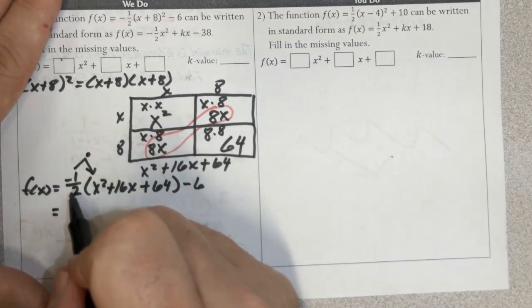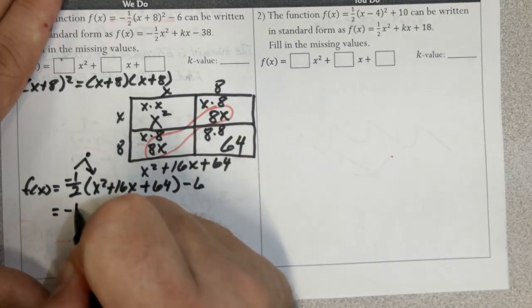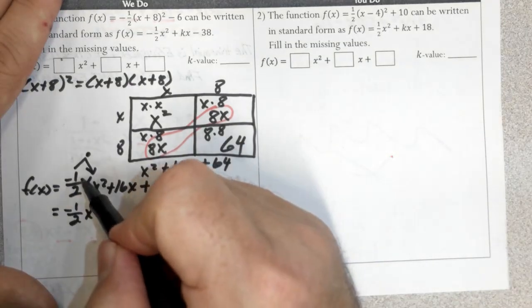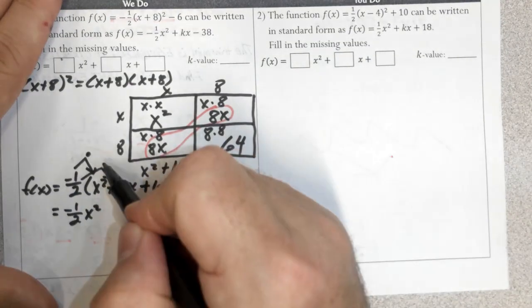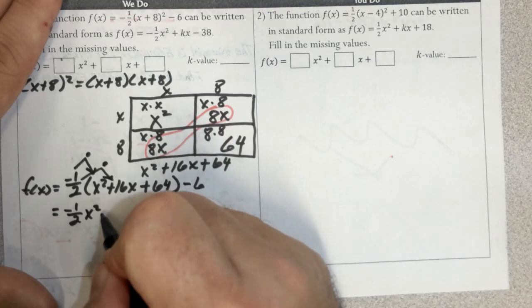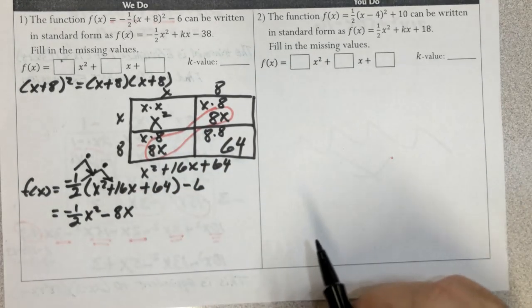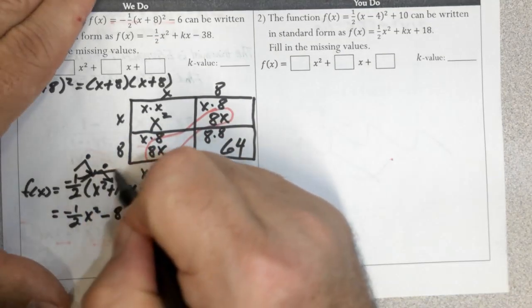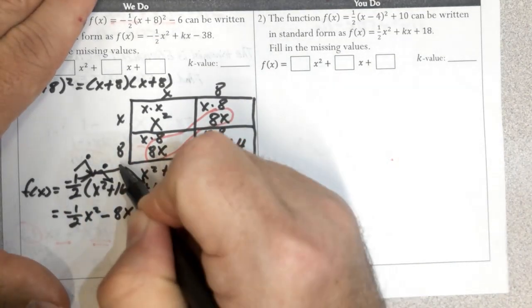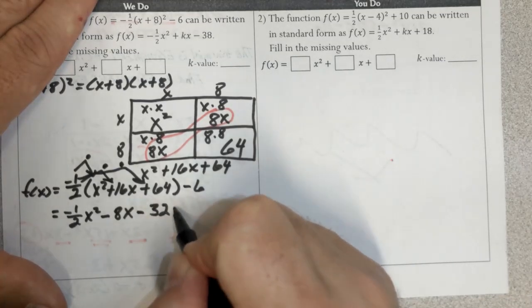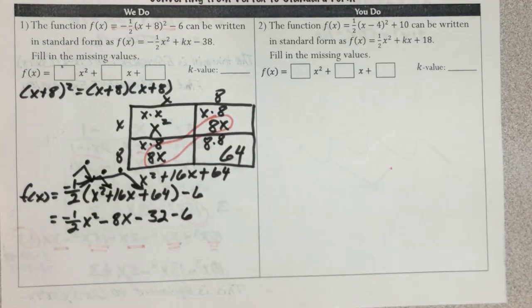So we'll go negative 1/2 times x squared. That'll give us negative 1/2 x squared. And then negative 1/2 times 16x, so that'll give us minus 8x. And then negative 1/2 times 64, so that'll give us minus 32. And then minus 6.